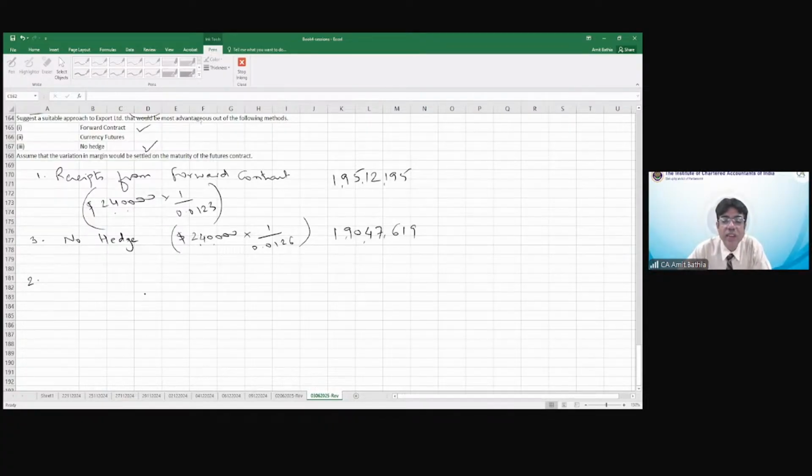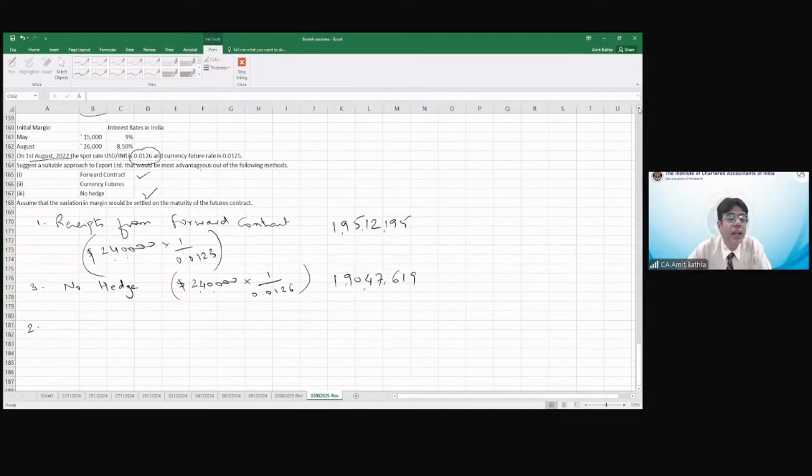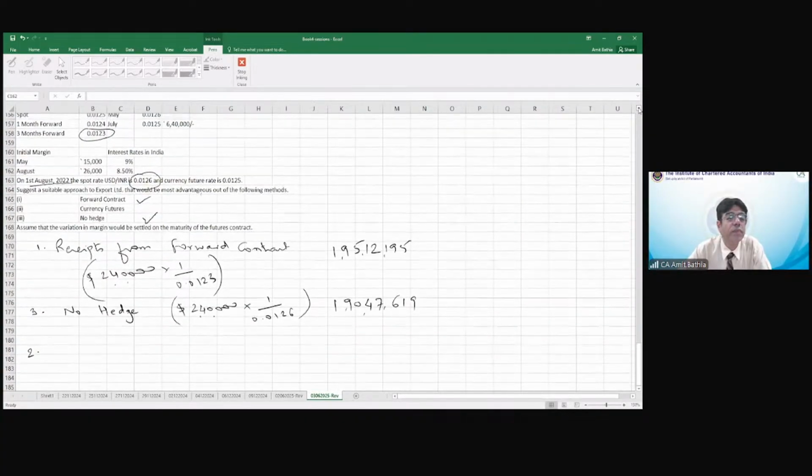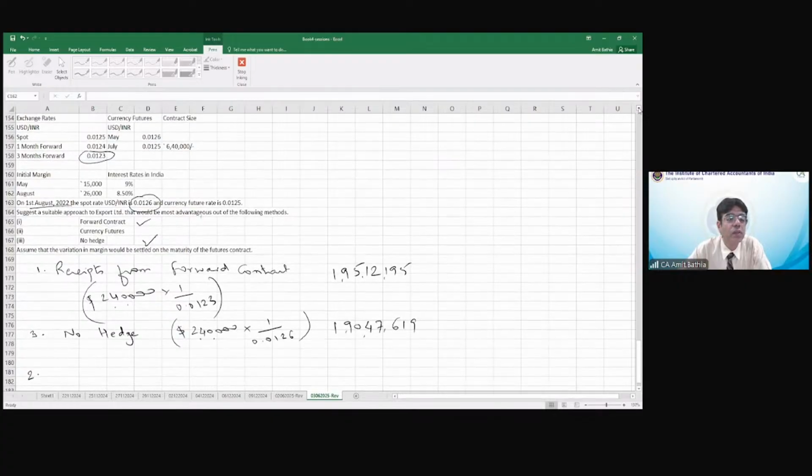For determining the contracts, I will first need to convert the dollar into INR because my contract size is in rupee terms. At which rate should I take? Today's spot rate. At today's spot rate, 0.0125. Yes, very good.